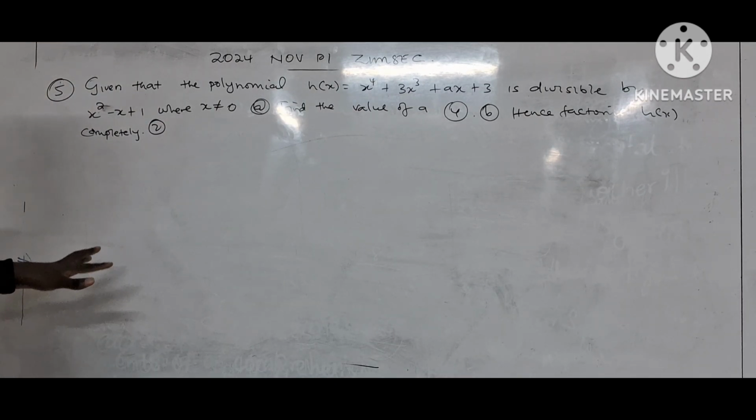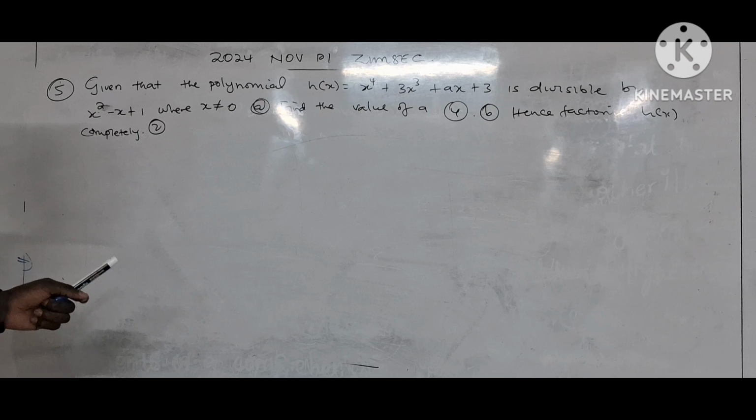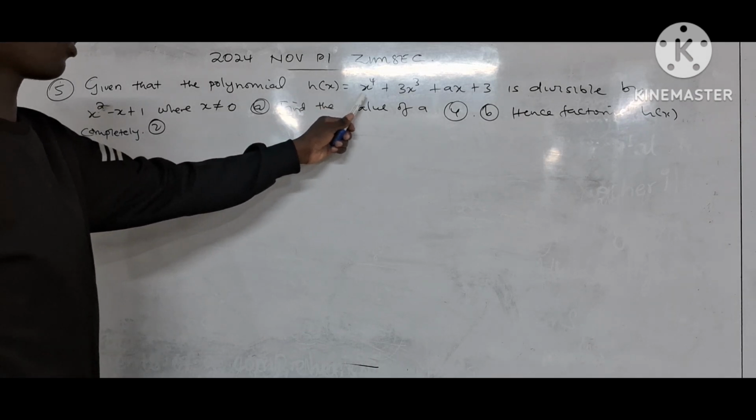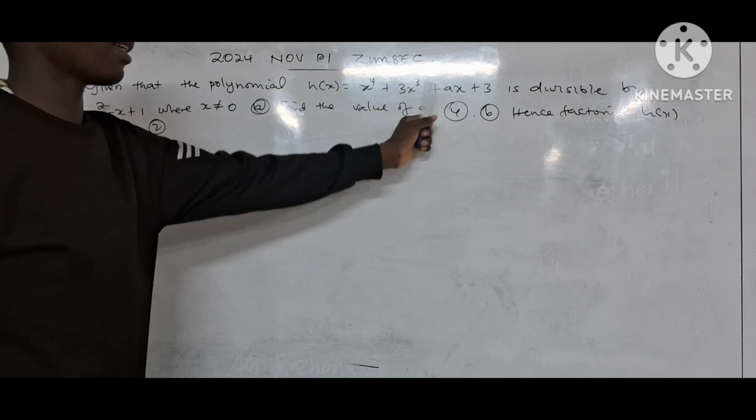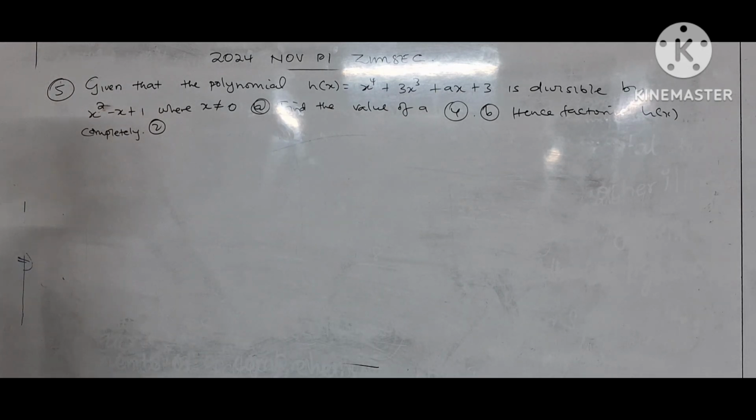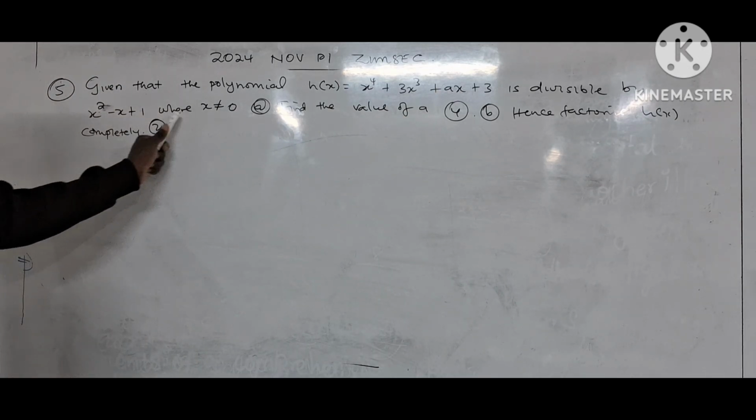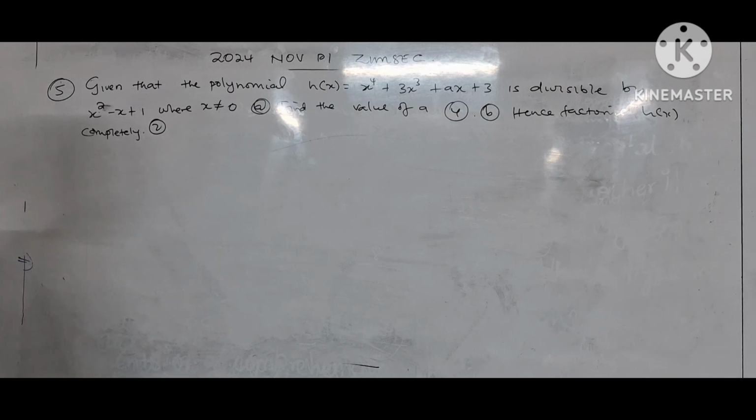Okay. So it is given that the polynomial h of x is equal to x to the power 4 plus 3x to the power 3 plus ax plus 3 is divisible by this, where x is not equal to 0. Find the value of a.